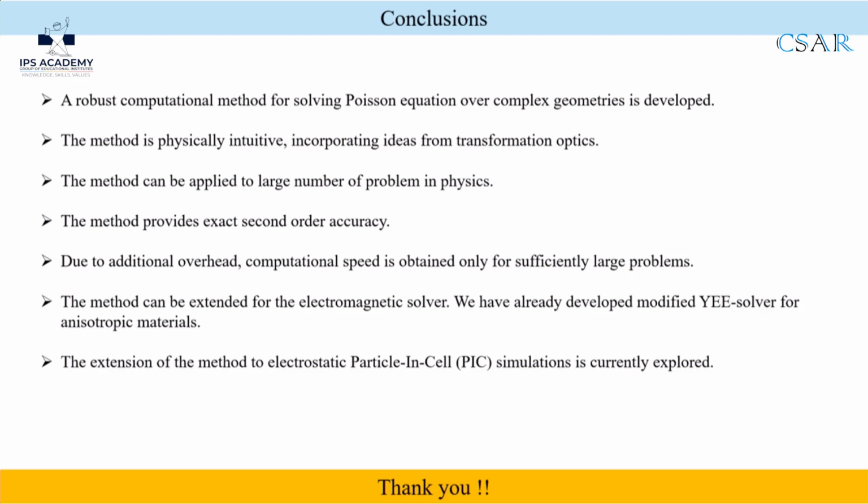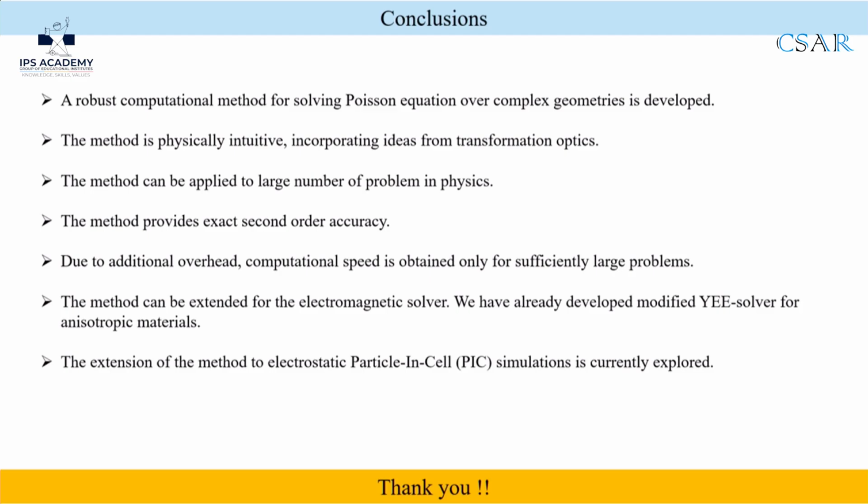There is an additional overhead that we have to keep in mind. It will not blindly work if you have a smaller problem, maybe if it's a bigger problem. Another thing, which I have not mentioned here, is that because this is a structured grid, parallelizing becomes very easy again. So that is an advantage. Potentially this could be applied to an electromagnetic problem as well.